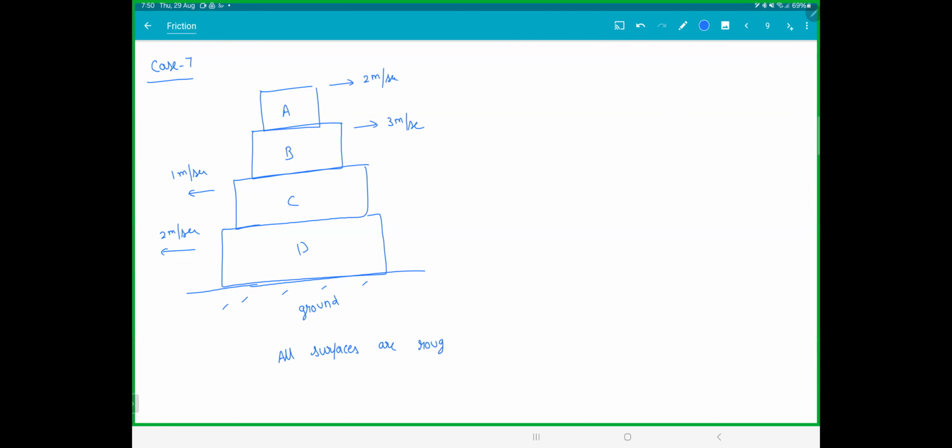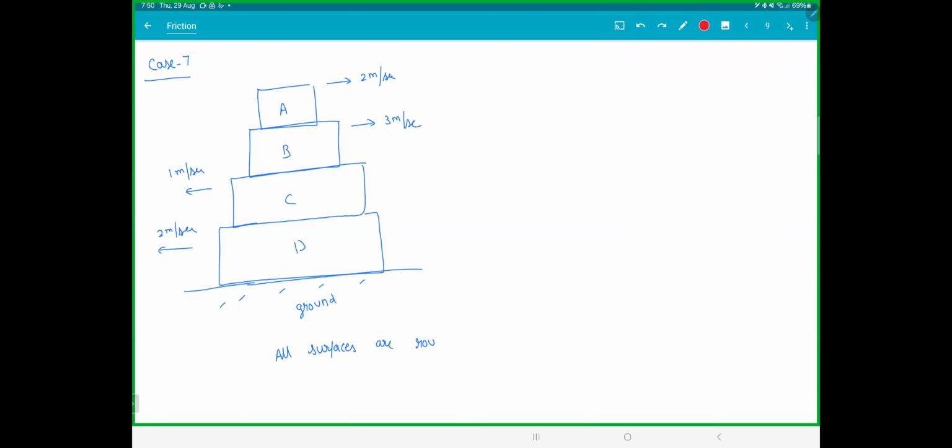Now again understand one thing. The friction between two surfaces is only bothered about those two surfaces. Meaning, if I take friction between A and B, this guy's job is only one thing, to keep A and B together. It doesn't care what B and C are doing. Are you getting the point? Every friction takes care of only those two surfaces it is touching. It doesn't care about other blocks. Now can you tell me the directions for all this?